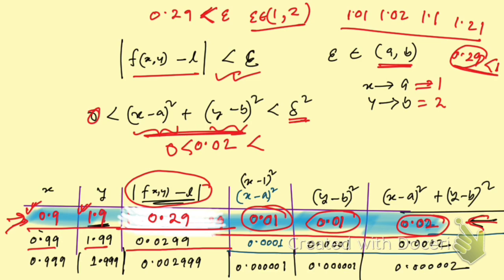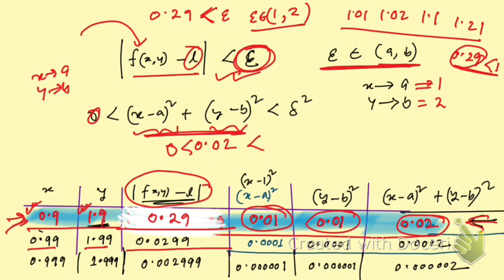So what kind of positive number? It is not specified here. In the definition it is just said that this function is said to tend toward the limit L for x tends to a and y tends to b, if for a real number epsilon which belongs to a comma b, there exists another positive real number, that is delta, which satisfies these conditions, right?